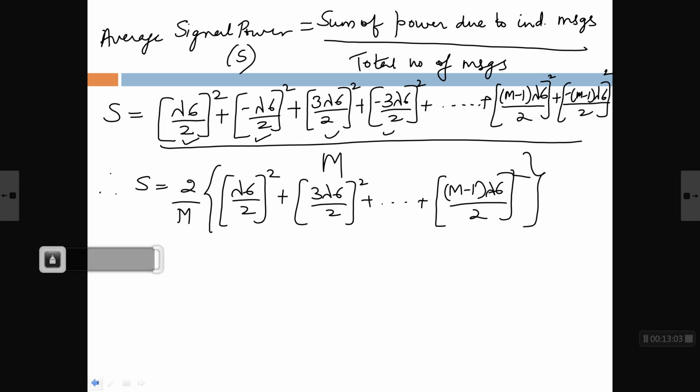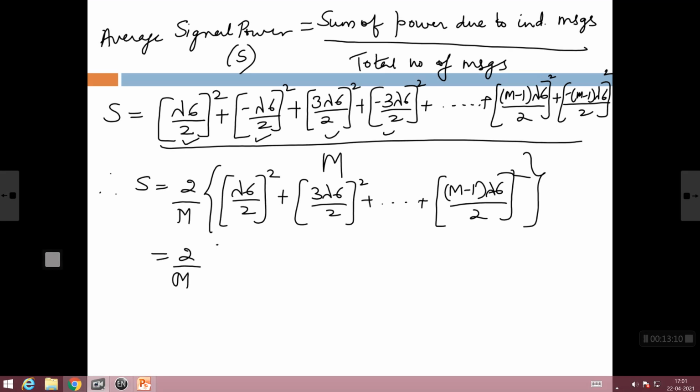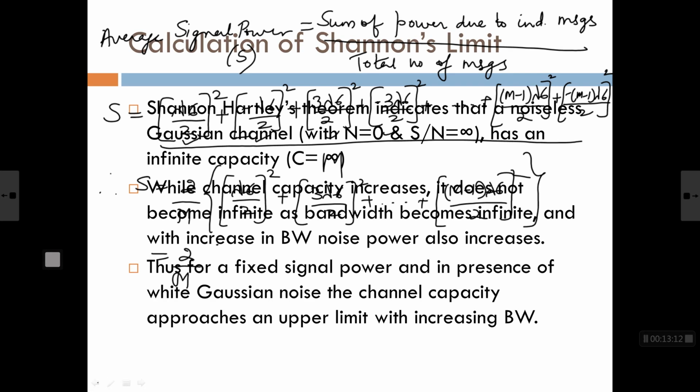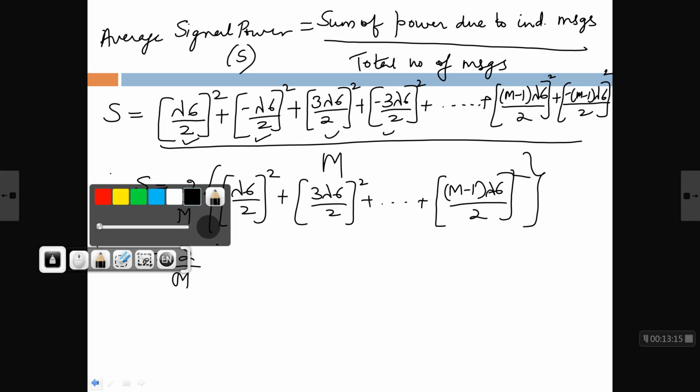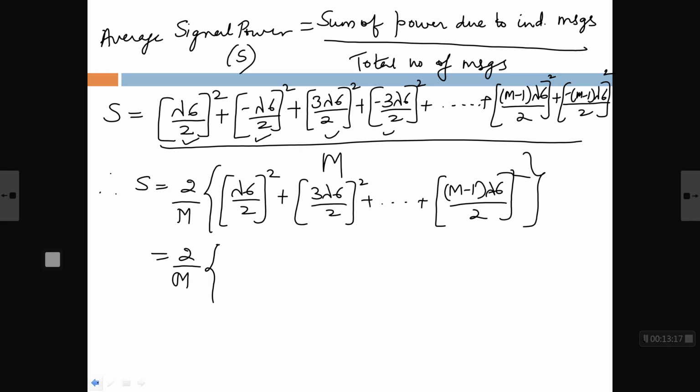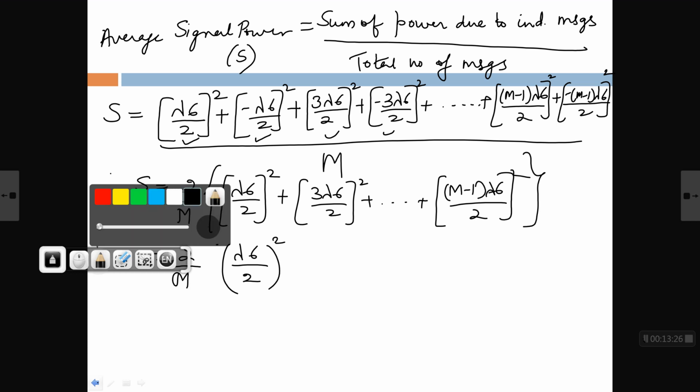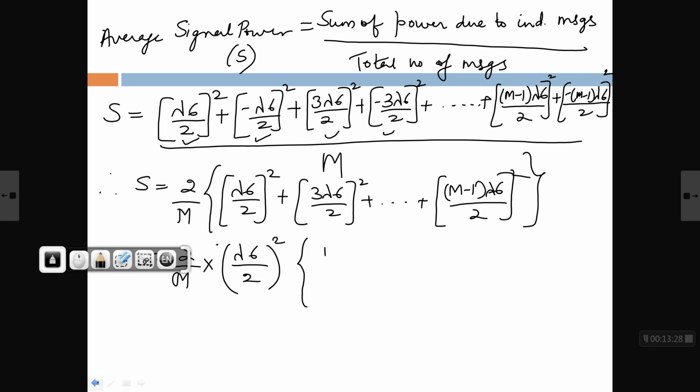Now from every term I can take lambda sigma upon 2 the whole square common, and inside there would be 1 square plus 3 square plus, last would be m minus 1 square.